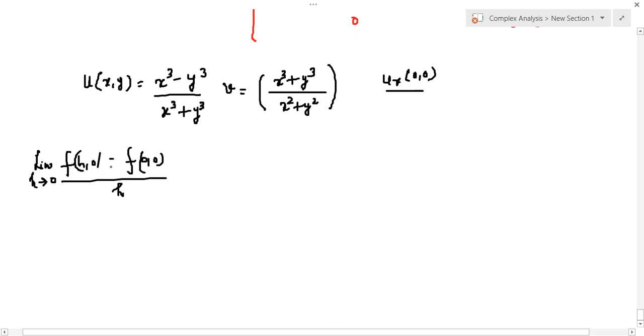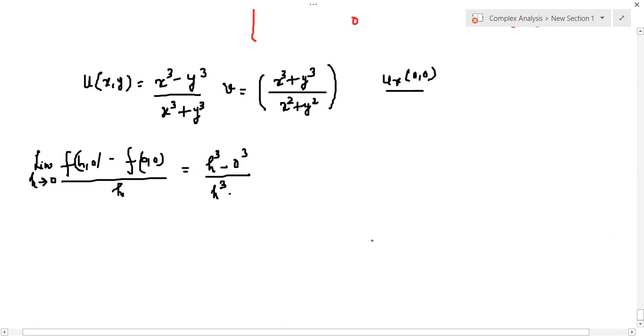It implies that this will be equal to h cube over h squared, minus 0 whole cube, divided by this entire thing.